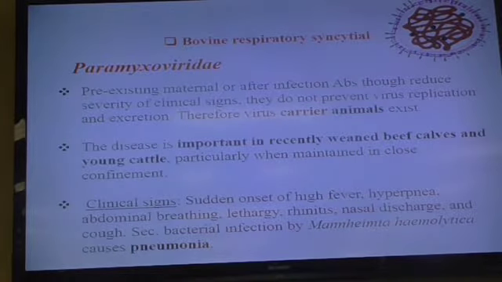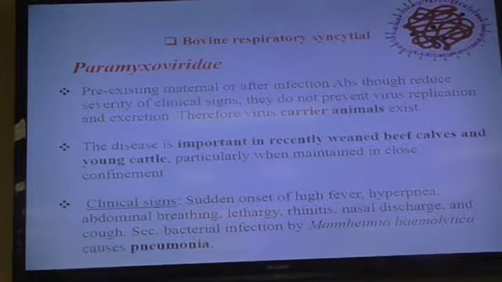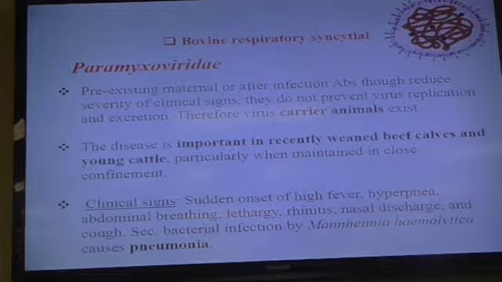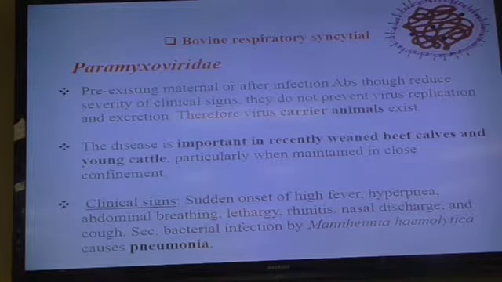The virus being there means it's going to be shed, and it can be a problem in terms of management. The disease is important in recently weaned beef calves and young cattle, particularly when maintained in close confinement. So again, crowding is very important.